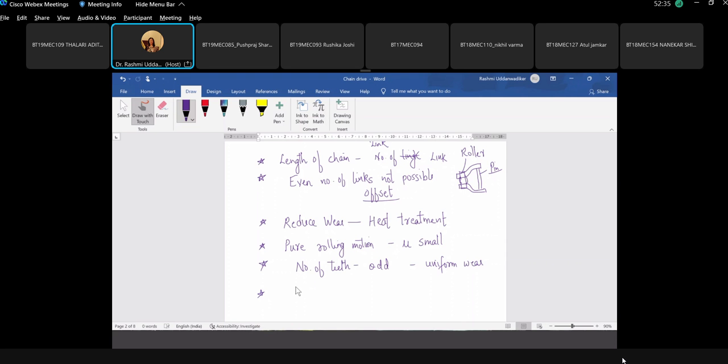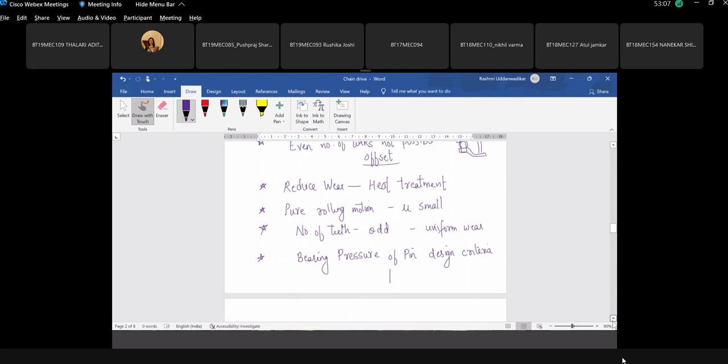And since the failure criterion is the failure of the pin, the bearing pressure of the pin is to be studied or considered. Bearing pressure of the pin becomes our design criterion or failure criterion. So if this is our pin, we are talking about this area.